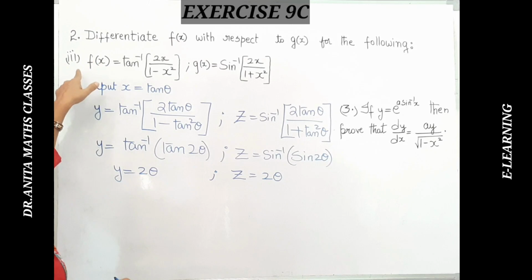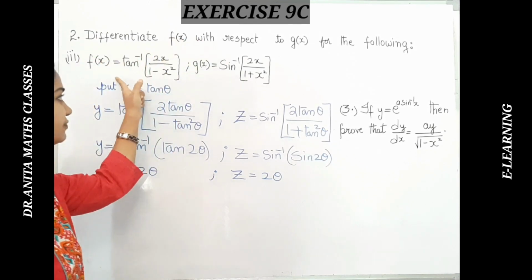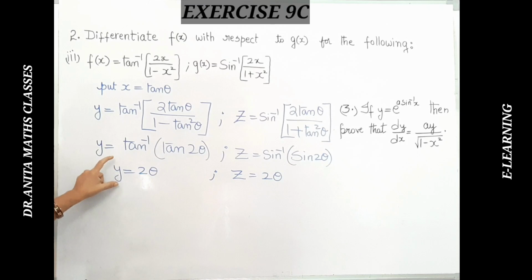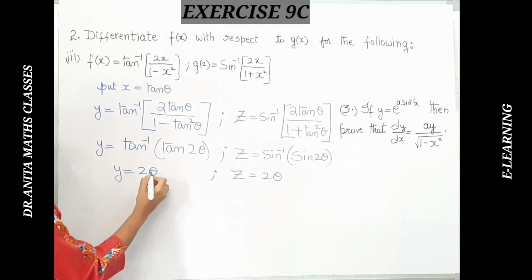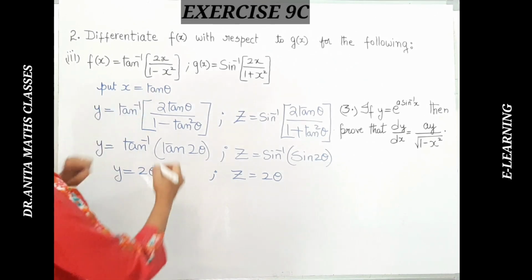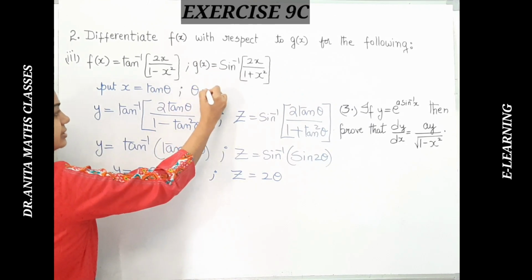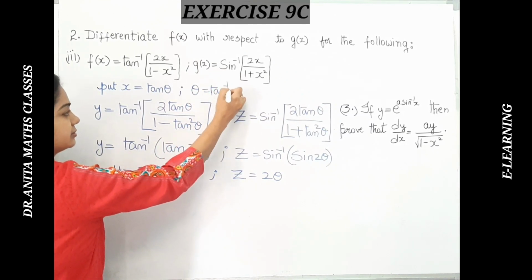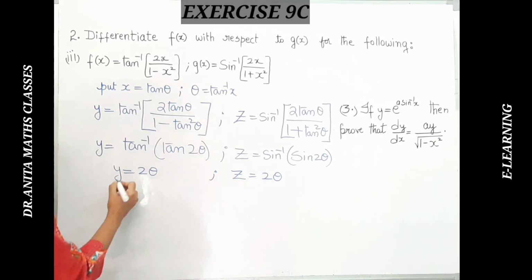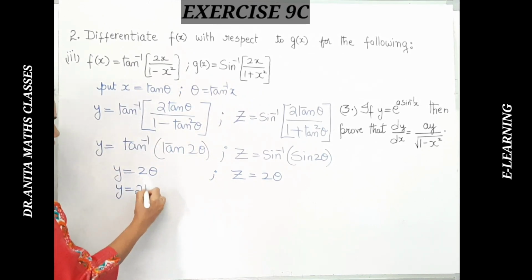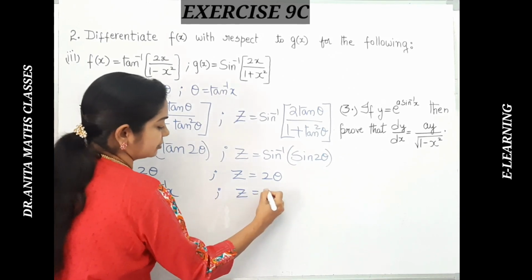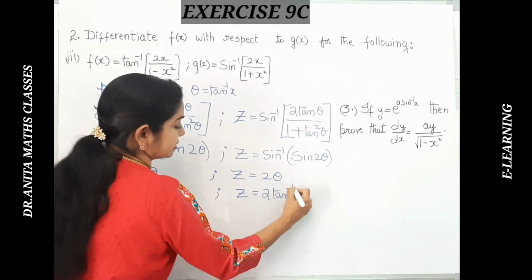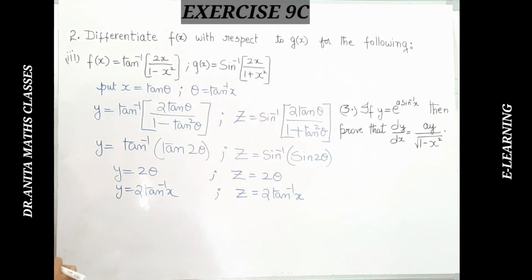But our question is that we should differentiate this function with respect to this function. That means we have to get dy by dz, right? Here 2 theta, this theta, I have supposed as tan theta, so theta is equal to tan inverse x. If you shift tan to the other side, y is equal to 2 tan inverse x. Similarly, z is equal to 2 tan inverse x.